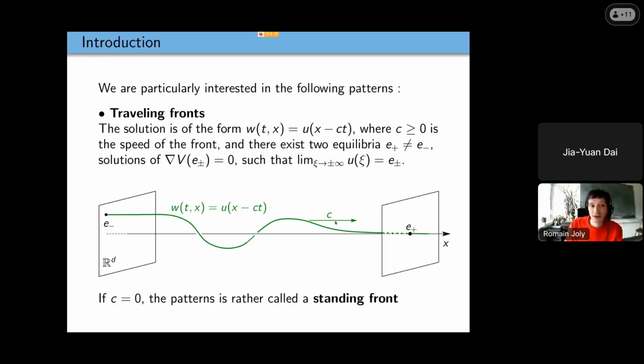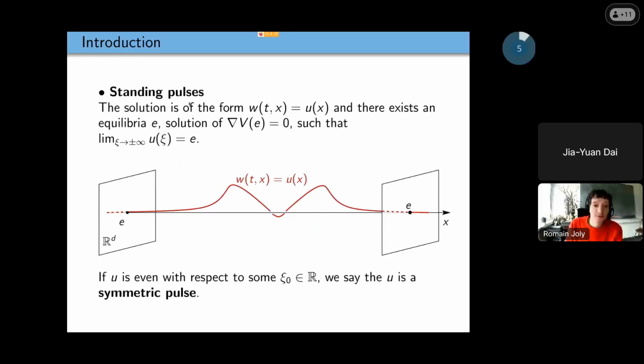So this first class of objects is traveling fronts, and the other class of objects I would like to consider is pulses. Pulses are the same thing, but the limits at minus and plus infinity are the same. So it's something that is close to some equilibrium, does something non-constant, and then goes back to this equilibrium. Again, I can look at this kind of pattern traveling at speed c.